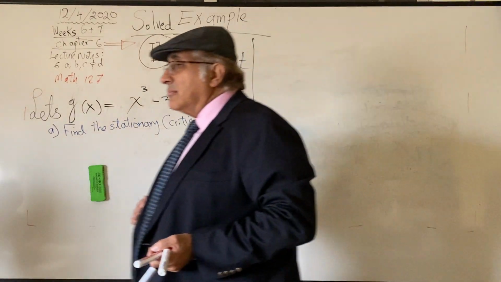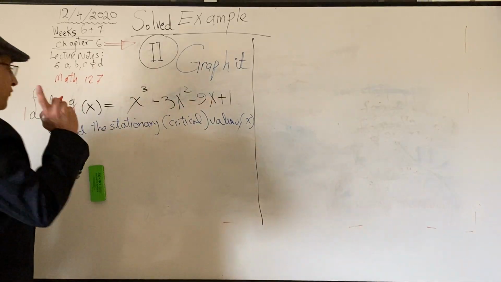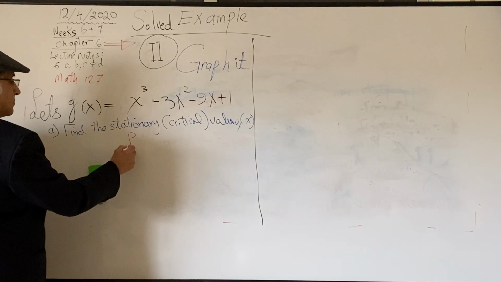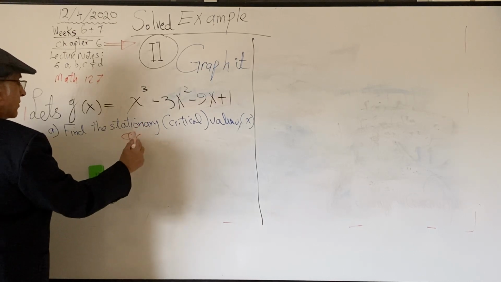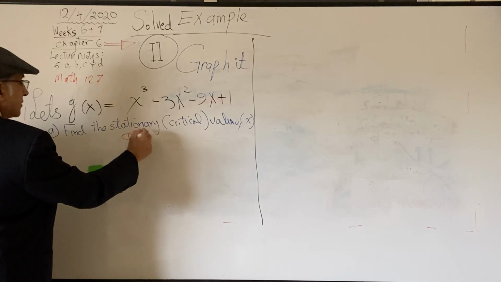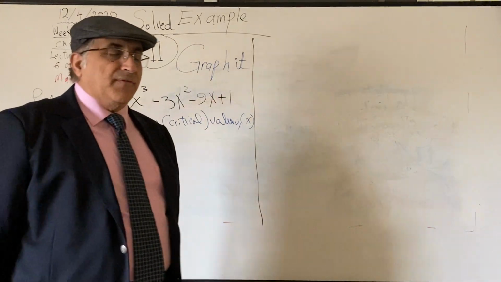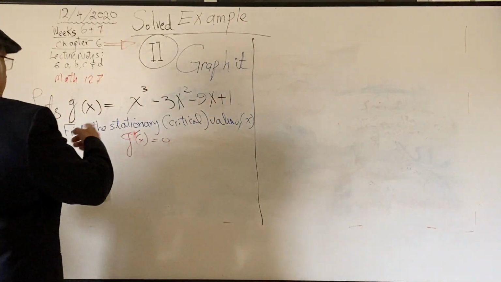Who remembers, to find stationary points, what do you need to do? If you don't remember, the first derivative, g prime of x, equal to 0. If you can't find the first derivative, finished. You made a big mistake. So let's take the derivative of that.